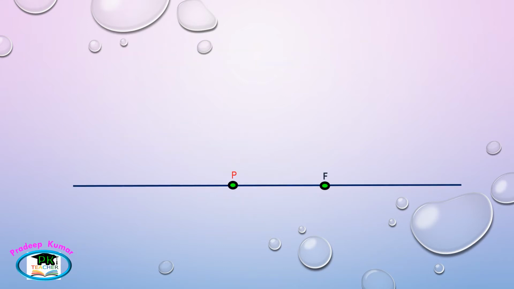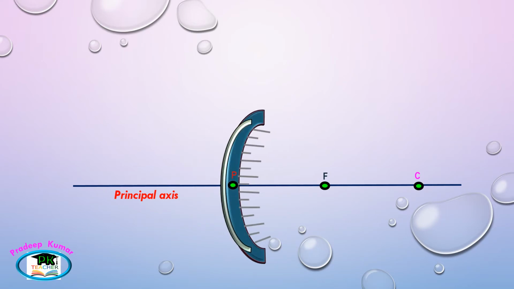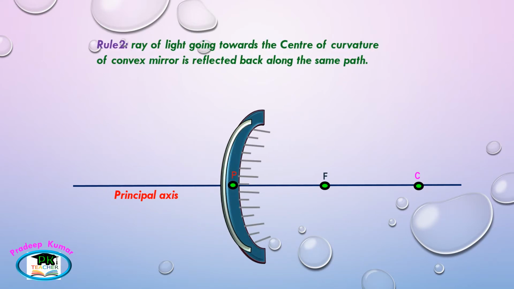Line segment, pole, focus, center of curvature, principal axis, a mirror, convex mirror. Rule 2. A ray of light going towards the center of curvature of convex mirror is reflected back along the same path.